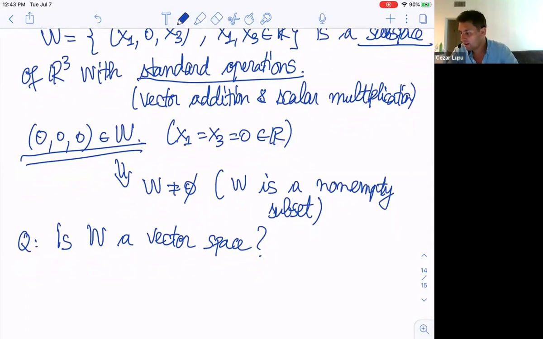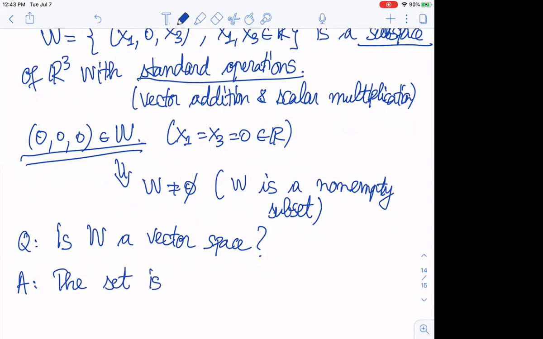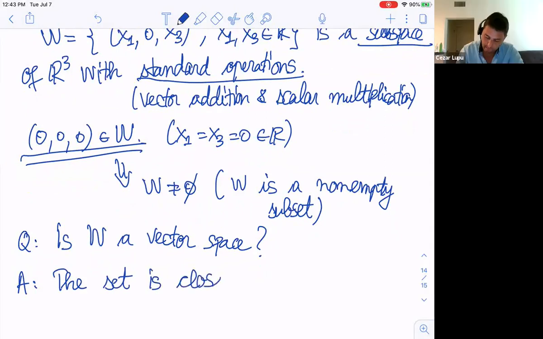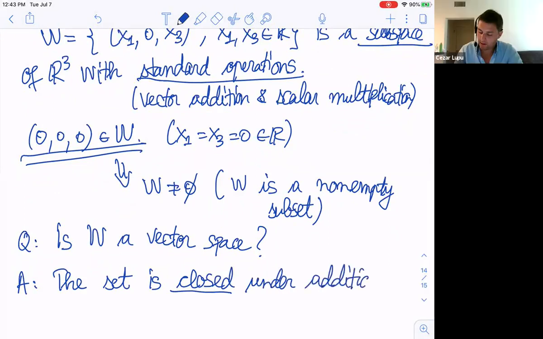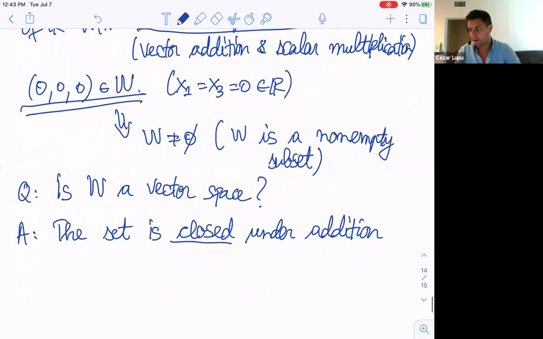So I wanna say this. Let me give you the long answer, and then I think the next theorem will enlighten everything. So the set is closed under addition. And let me provide the following explanation.